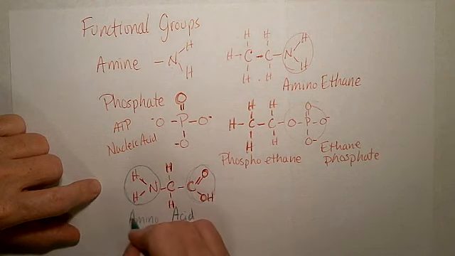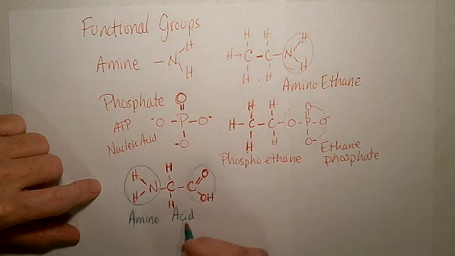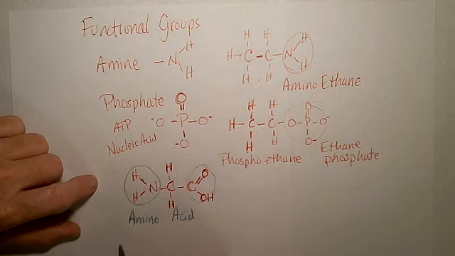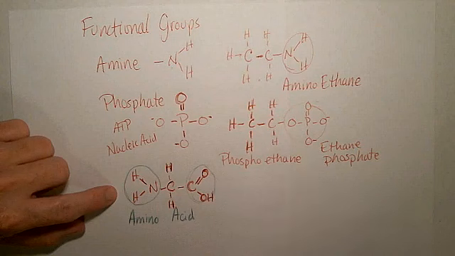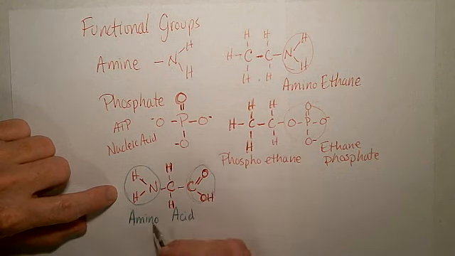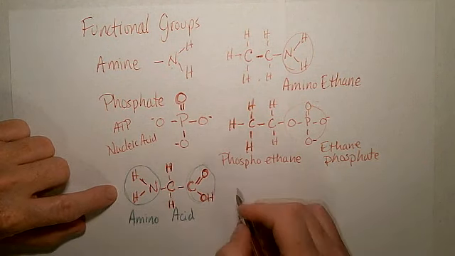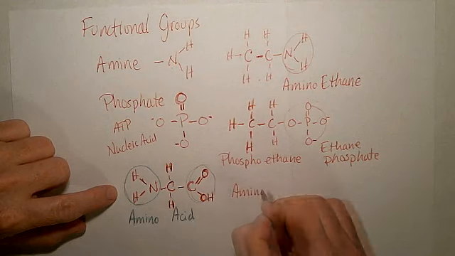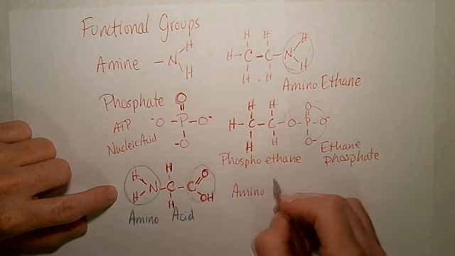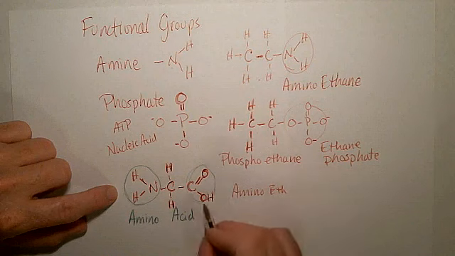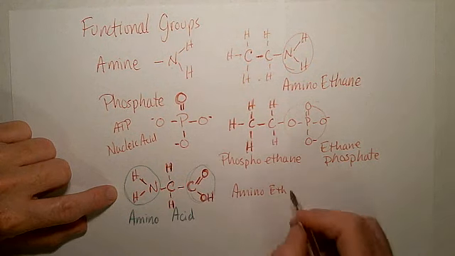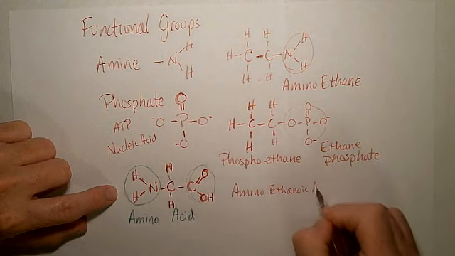And remember that in our 4 major macromolecules, our amino acids make up the proteins. The name for this would probably end up being, outside of this shorthand amino acid, an amino. We've got our ethane, but we have an acid on the end, aminoethanoic acid.